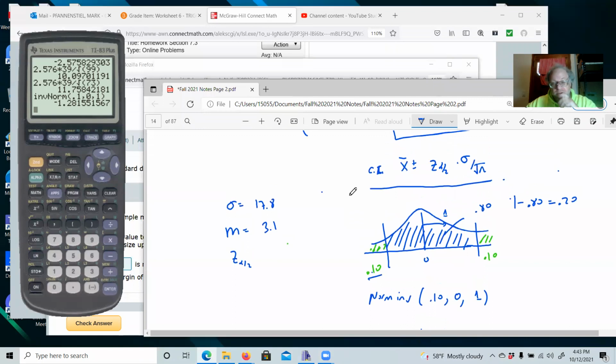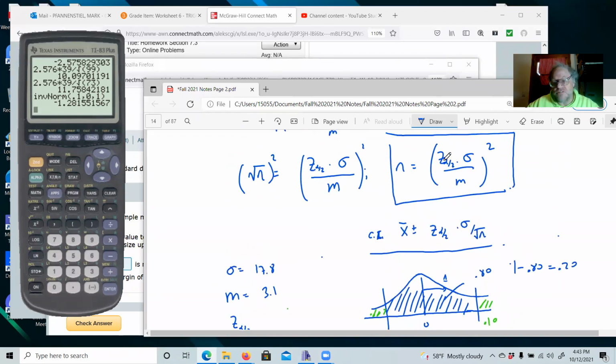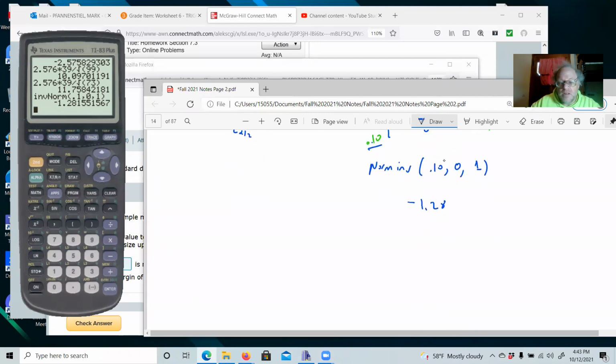All right, so now we're just going to calculate this value. We're going to plug these things into this formula. So n is equal to the confidence coefficient times the standard deviation, divided by m, squared.